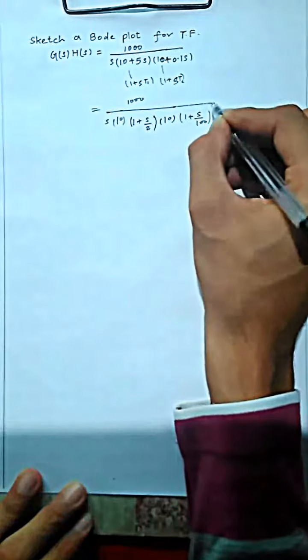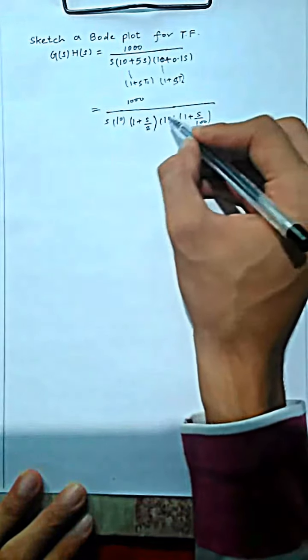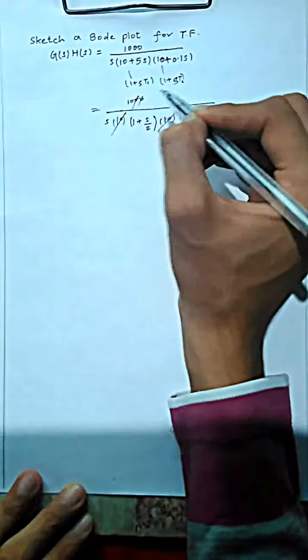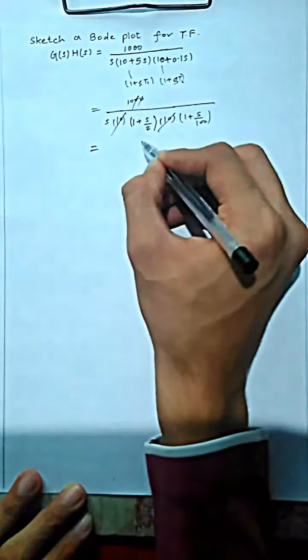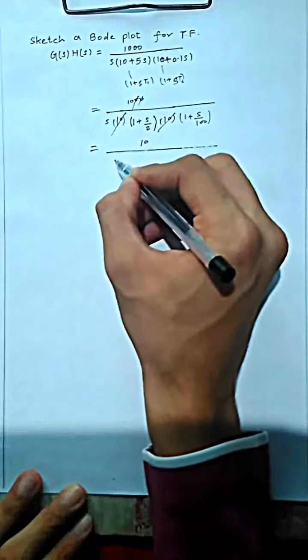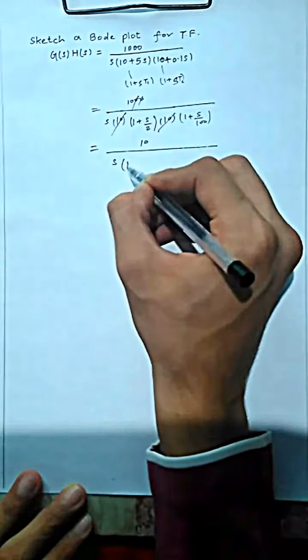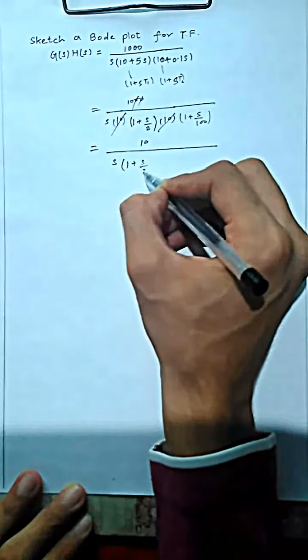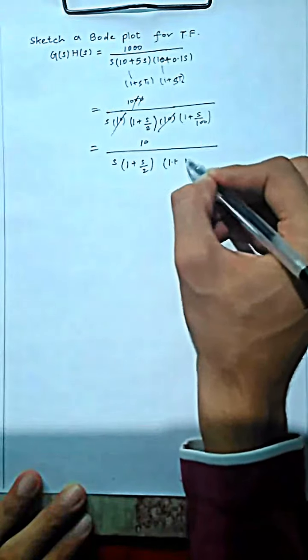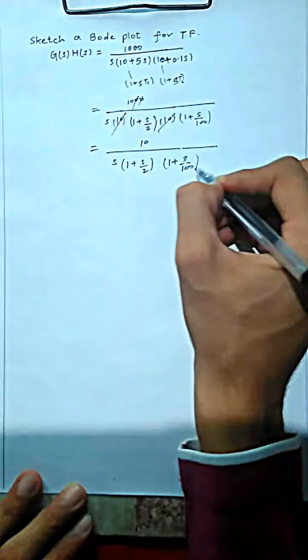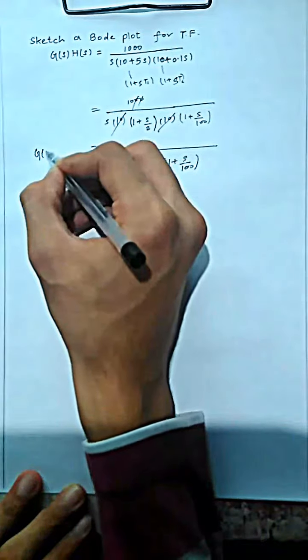So we have brought it into that form. Whatever cancels out, cancel, 10 cancels. So this is our new transfer function, not new, but in a new form. This is our G(s)H(s).